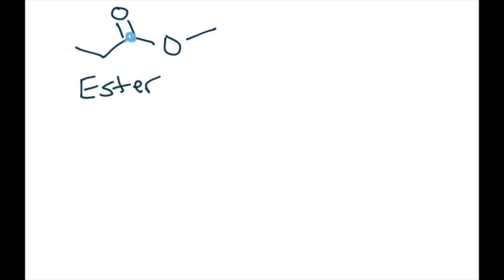Right, you have a carbon double bonded to an oxygen. And then you have a carbon on one side of that carbon double bonded to the oxygen, and then you have an oxygen bonded to some carbon chain on the other side. So you have O effectively like R, because this can be any carbon chain out here.